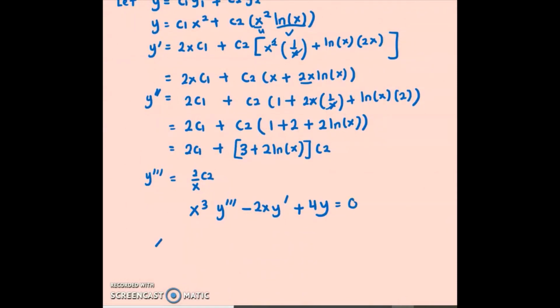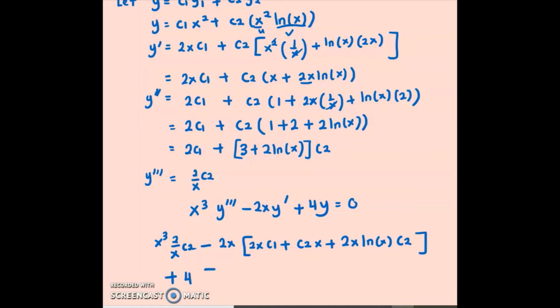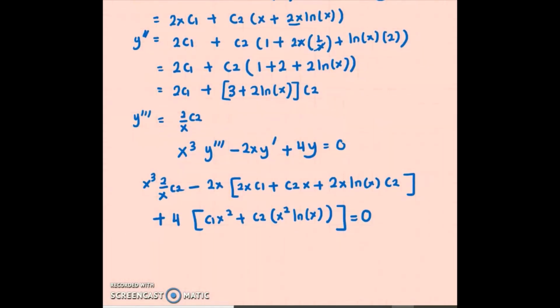So I have x cubed times 2 over x c2, minus 2x times y prime, which is 2x c1 plus c2 times (x plus 2x ln x), plus 4y, where y is c1 x squared plus c2 x squared ln x. Can I get 0? If I can get 0, then I can say y1 and y2 are solutions.